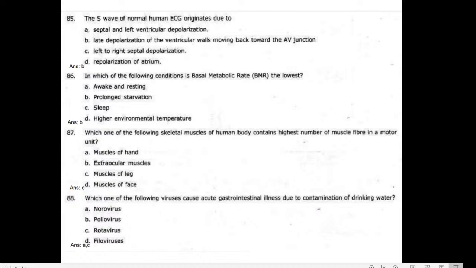Then we all know the concept of the polio virus. About 10 years back, the polio virus was very dangerous, like corona.